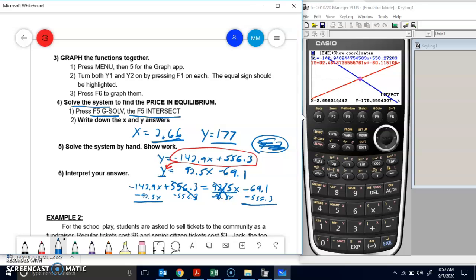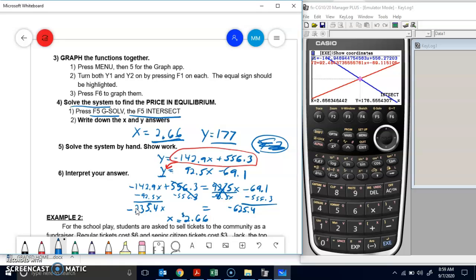And so what I end up with, negative 235.4x equals, and over here, negative 625.4. And then when I divide by the negative 235.4 to get x by itself, I would get, when I round, 2.66.